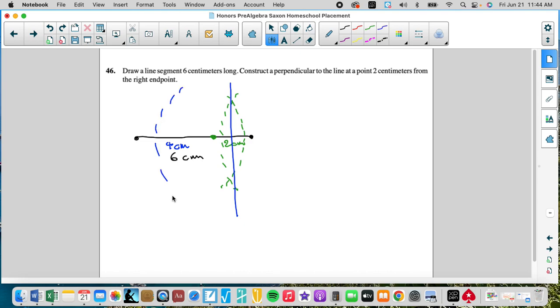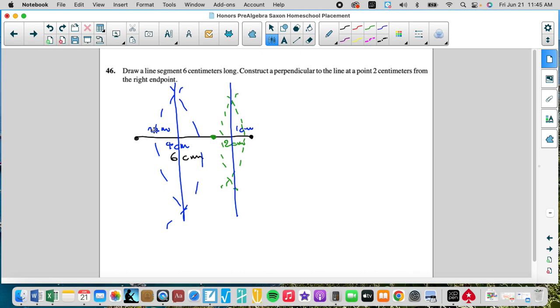I would go and then do it outside of that, and that would take me 2 centimeters away. So this is 1 centimeter, so that would be wrong. This is 2 centimeters, because the distance from here to here is going to be 4. So that's how you do it.